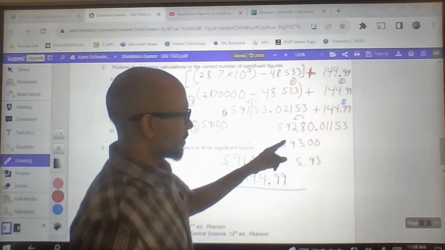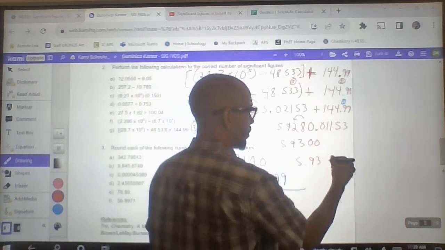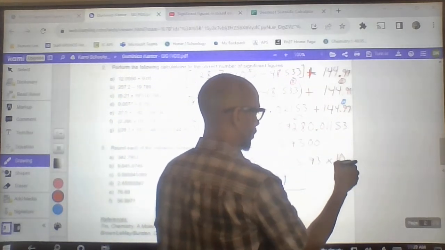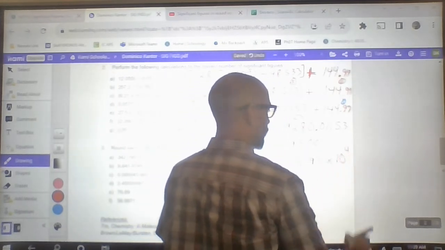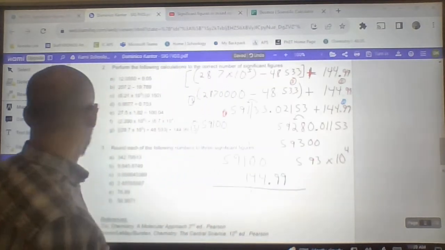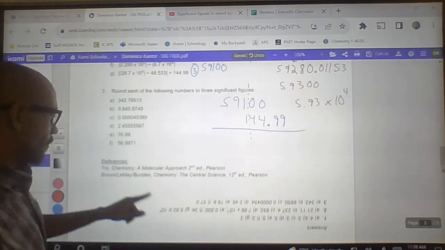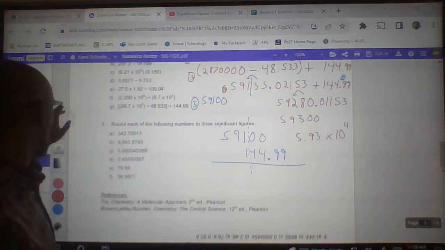I know we should have the same number of significant figures whether it's in scientific notation or not, and that is 3. So 5.93 times 10 to the 4th. Let's also take a look at F while we're at it.